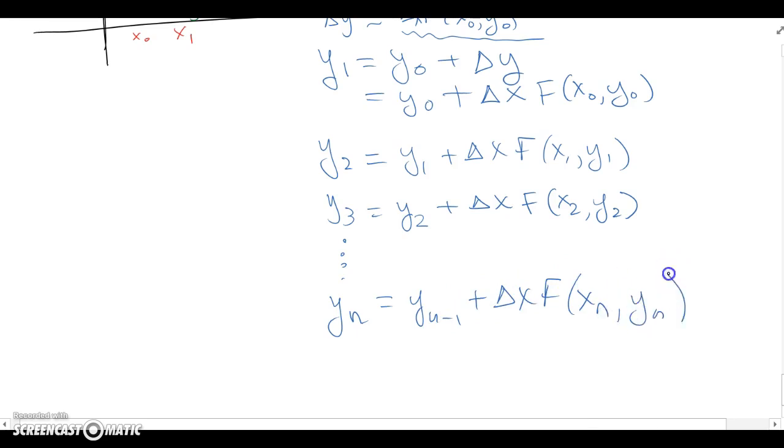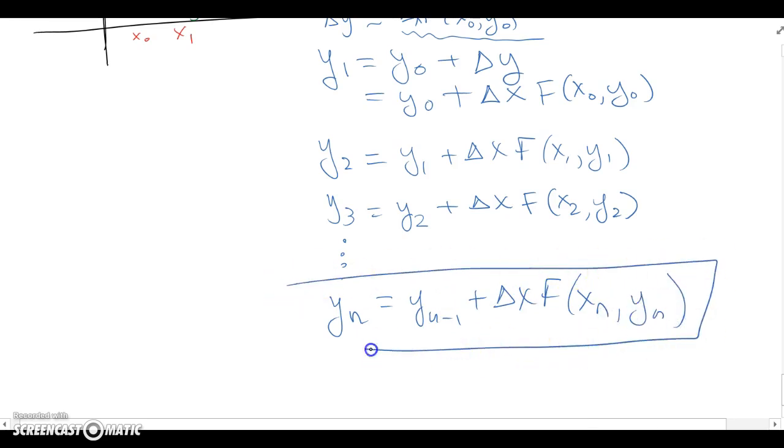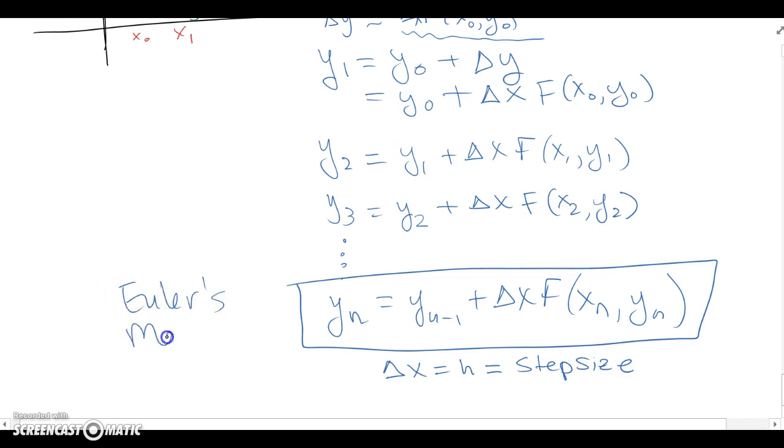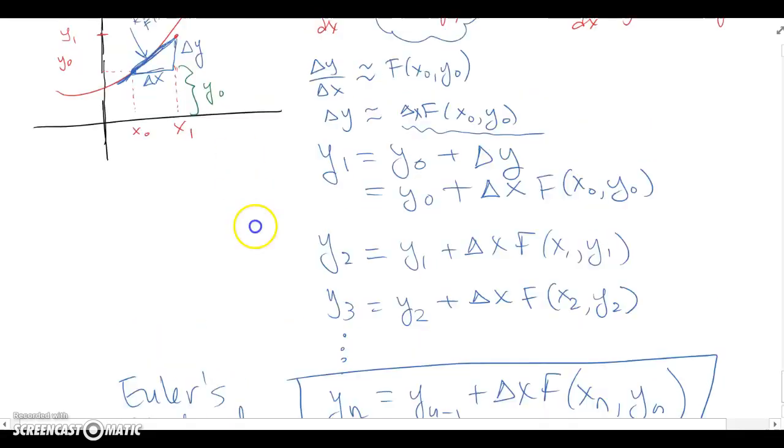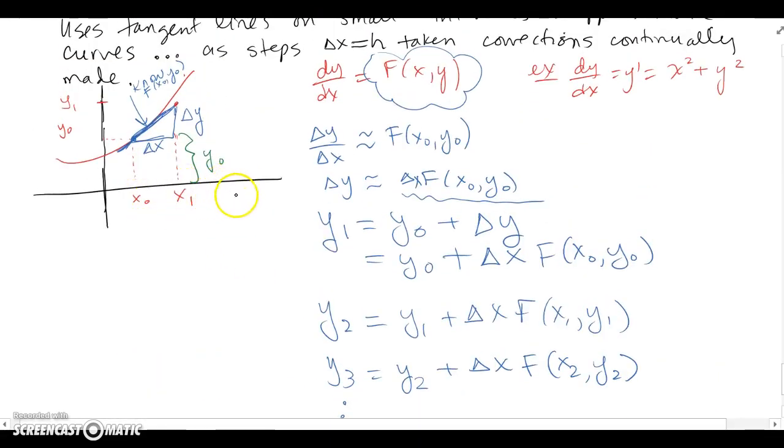So Euler's method uses this, where delta x, or h, is the step size, meaning what kind of leaps you're making to get from one x coordinate to the next x coordinate. So right up above here, if your delta x is 1, you're taking steps of 1 to move over to approximate your curve.